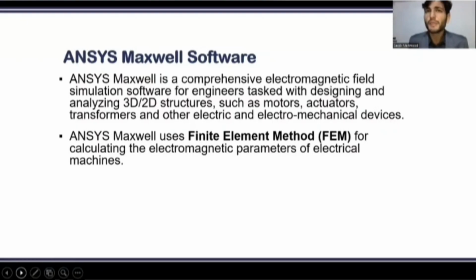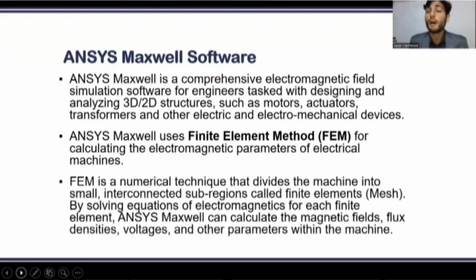It uses the finite element method for calculating the electromagnetic parameters of an electrical machine. The model we have selected in the ANSYS Maxwell software is divided into many small interconnected portions, which we call a mesh in the software terminology.